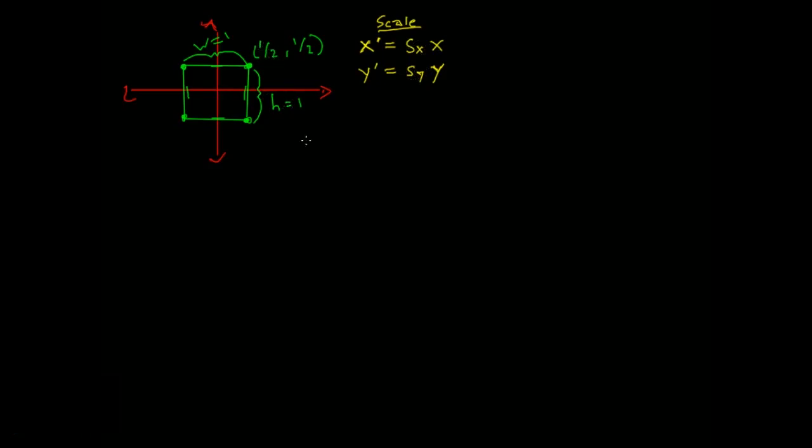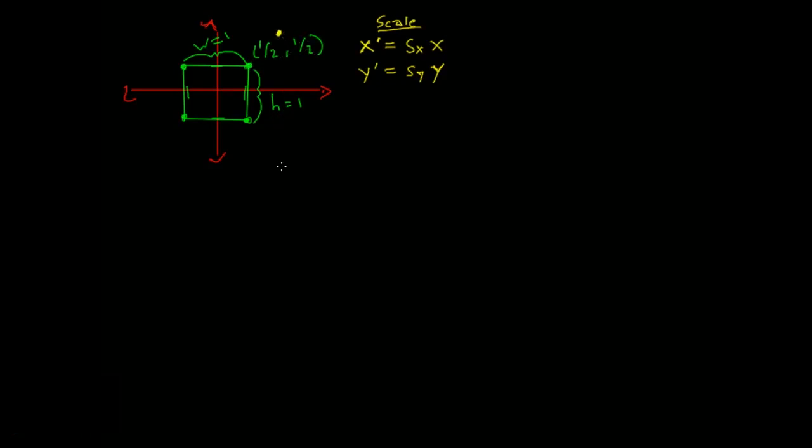So the new value of the x will be 1, and in the same way y prime is equal to sy, that is 2 now, since you are scaling it by 2, and y is half, so 2 into half becomes 1. So x prime is equal to 1, y prime is equal to 1. So if we draw that on the graph here, let's draw the new point. It's going to be right here in the x and going up to the y right here.